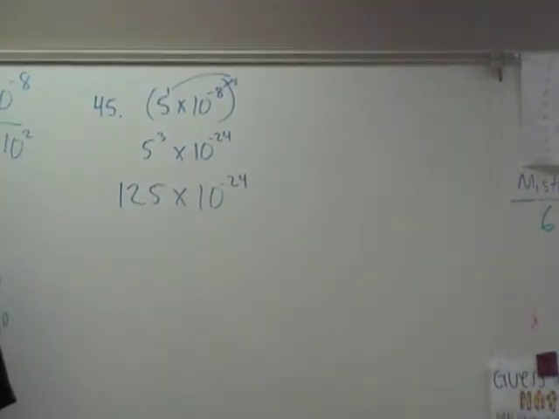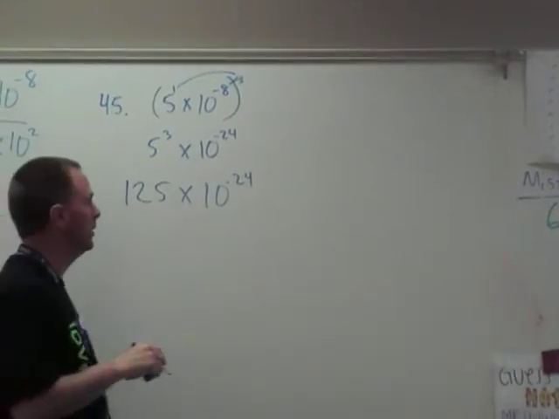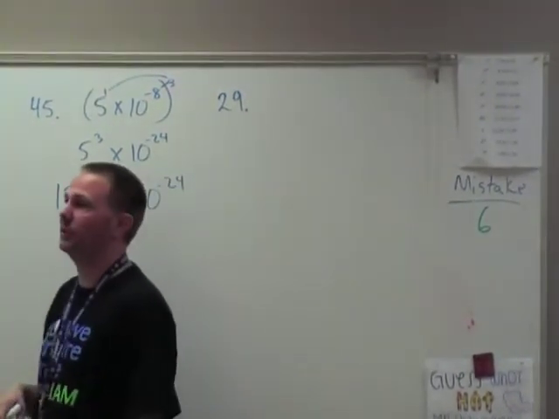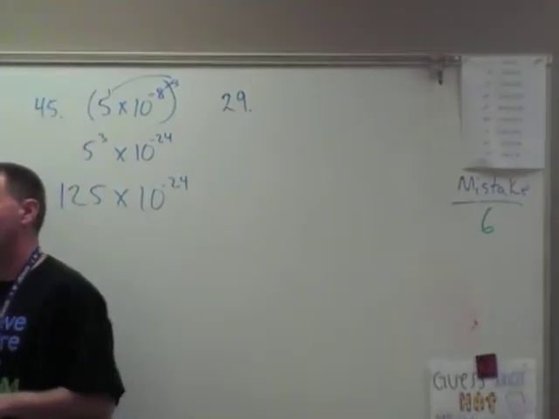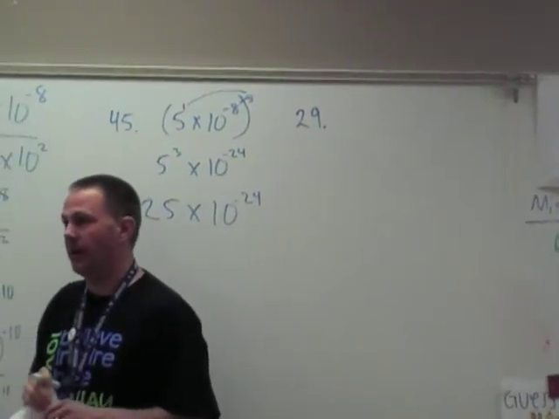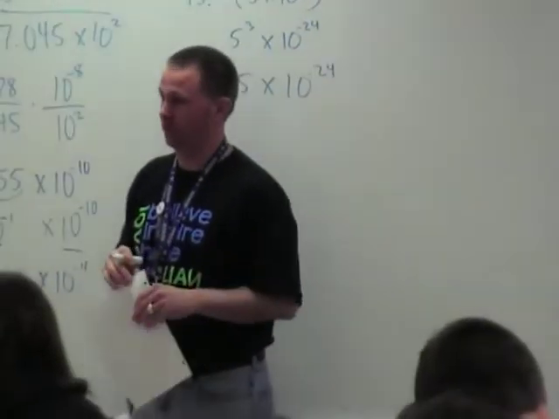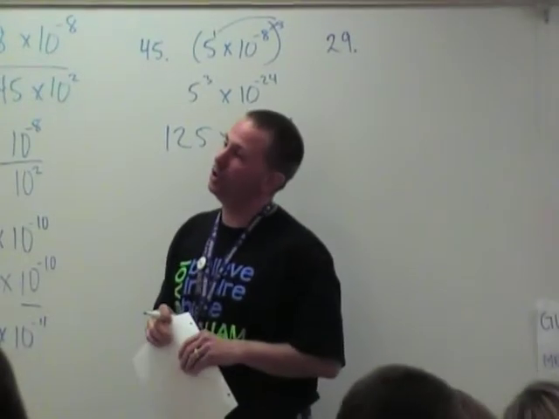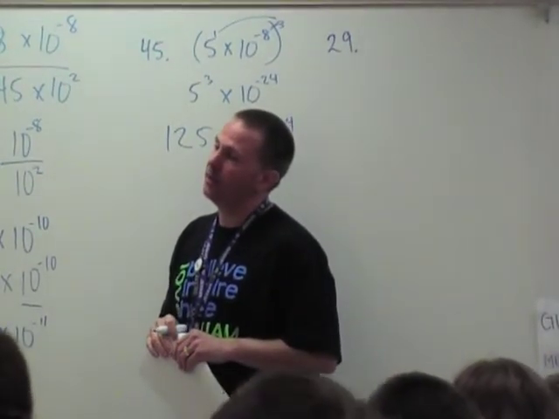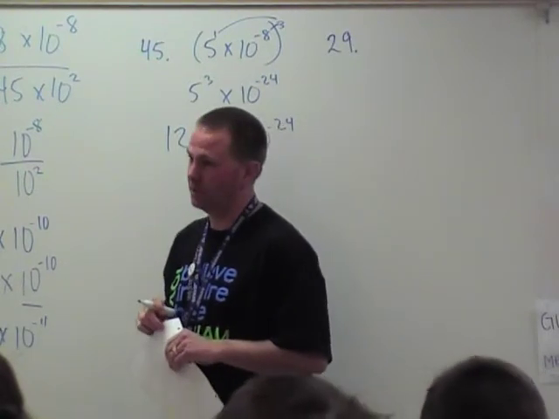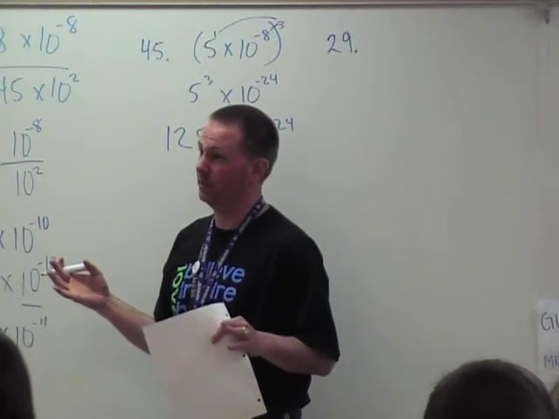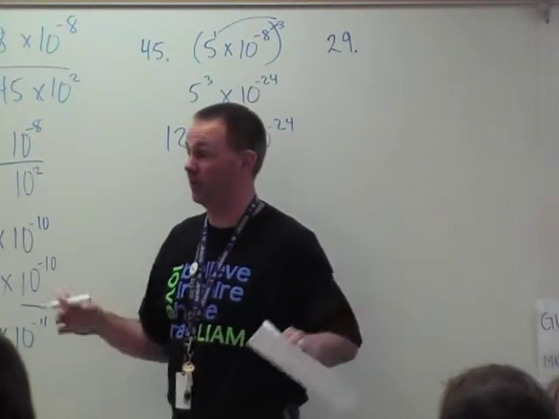Anybody else worked on this that you have a question on? What about number 29? It's the least to greatest. How do you do least to greatest? A couple different ways. You could make all of your numbers in standard form and look at them and line up your decimals. Or you could notice if all of the exponents are different, they're going to move the decimals a certain amount of places, which makes it easy to see which one's going to have a bigger number and which one isn't.